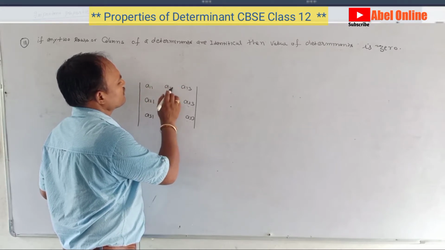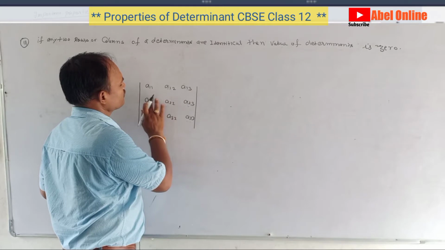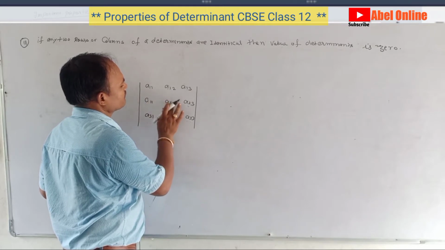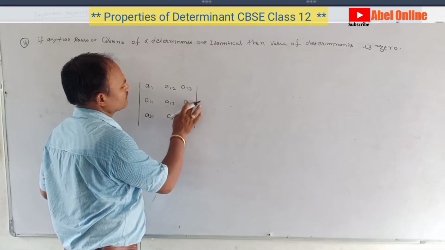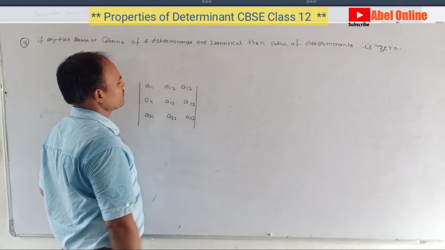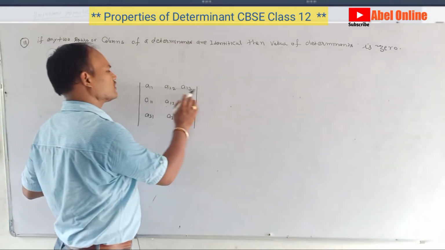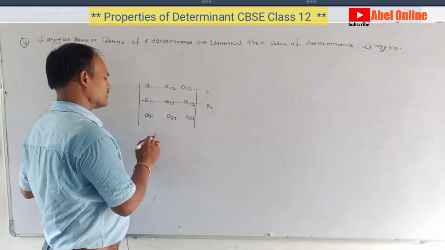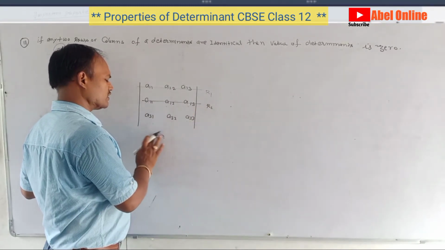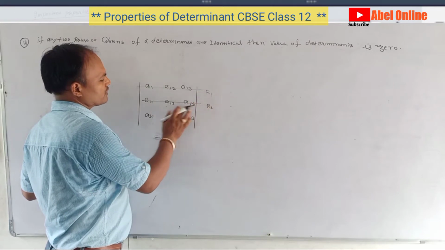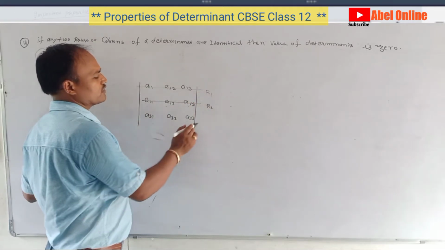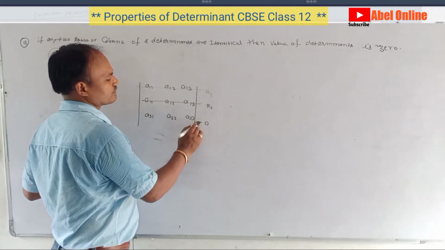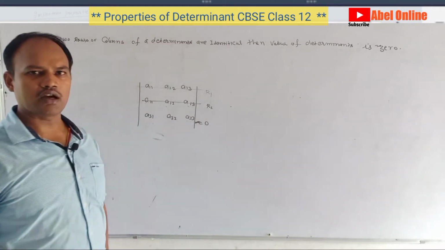Suppose a11, a12, a13 is the first row R1, and it is also a11, a12, a13, which is R2. R1 is equal to R2. You watch here, R1 is totally the same as R2. Then we can say the value of the determinant is directly 0. So directly we can write the answer is 0.